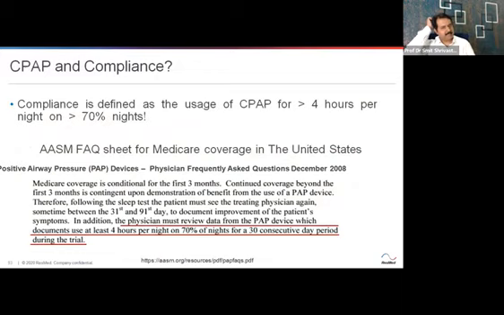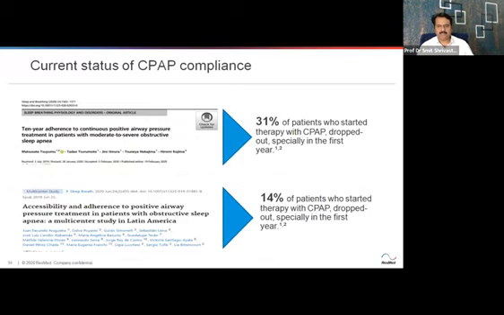So compliance is defined as the CPAP being used for more than 4 hours per night on more than 70% of nights. So a person should be using it around 24 to 25 days in a month for more than 4 hours a day.